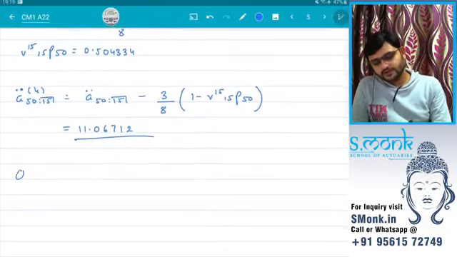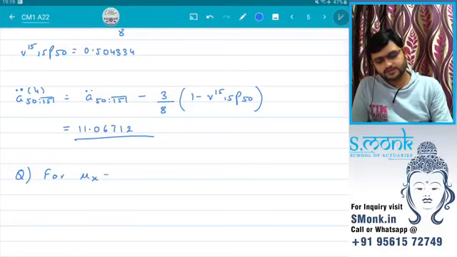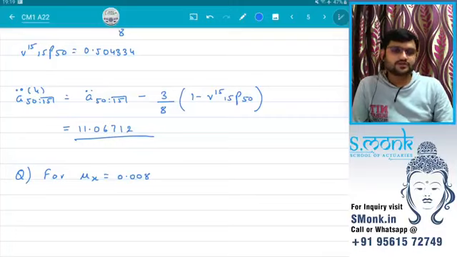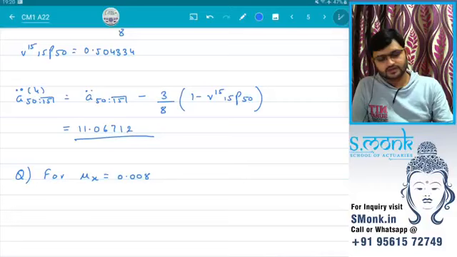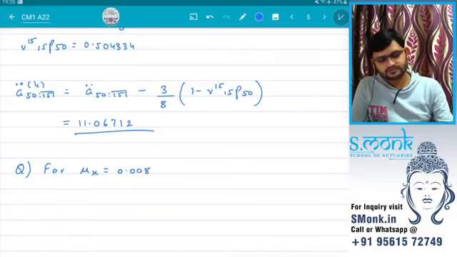Let us write a small question. Okay, let's say for mu x is equal to 0.008. This becomes nothing but constant force of mortality. We are saying the force of mortality is 0.008, for x anywhere between 50 and above.